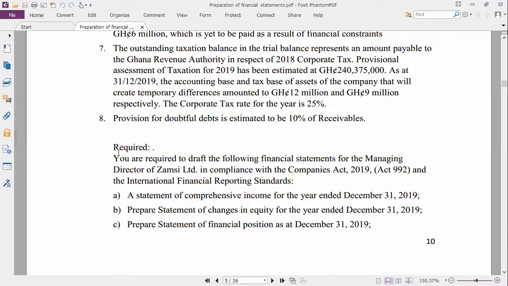Now the next footnote says that provision for doubtful debt is to be estimated at 10%. Yes, also a provision.